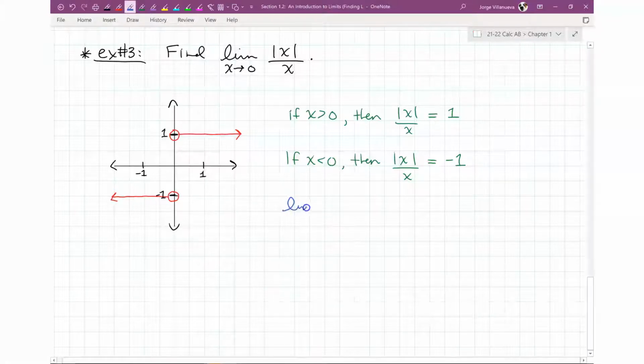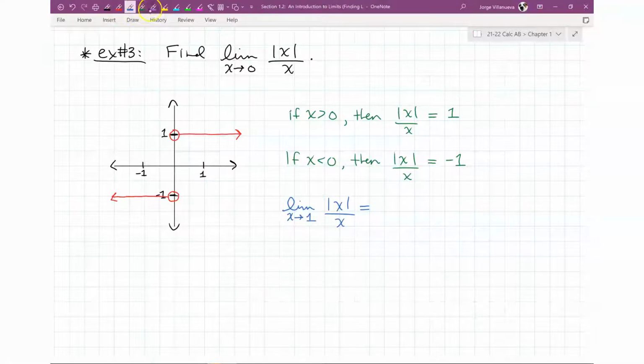What would be the limit as x approaches 1 for this function? Think about that. Look at the graph. As x approaches 1, what's the limit for that?